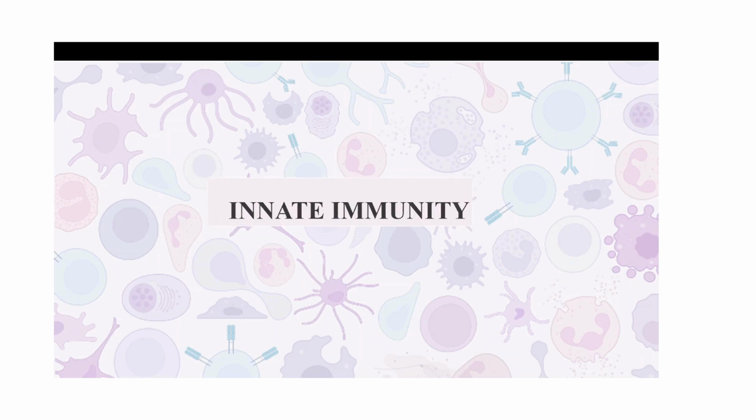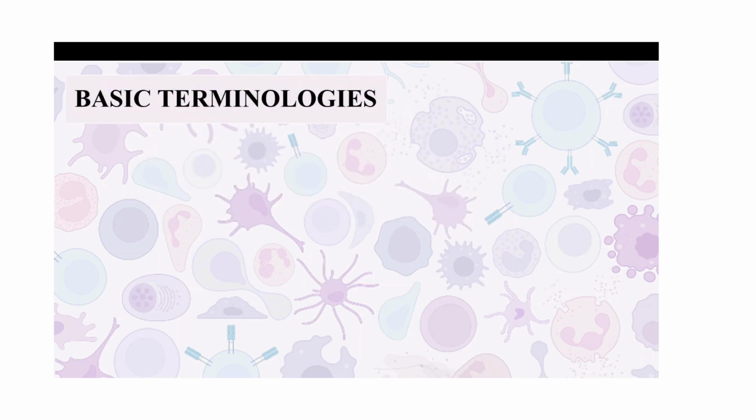So before going into the different mechanisms of how it is acting as a first line of defense, let's first know about some basic terminologies or essential terms, I would say, in immunology, because if you sit for any interviews as well, they are going to ask you about these basic terms.